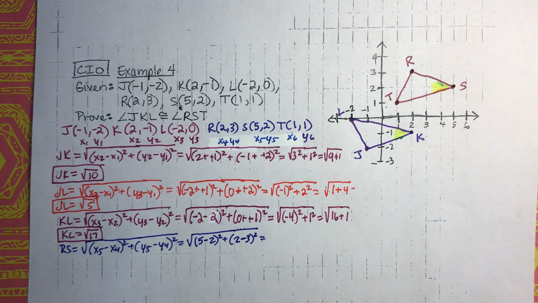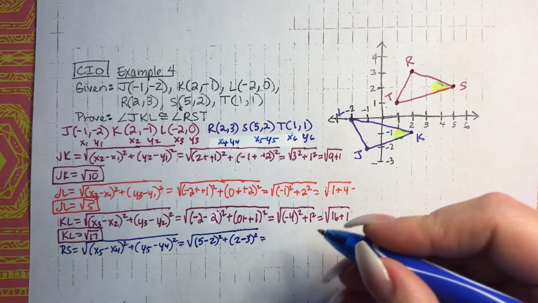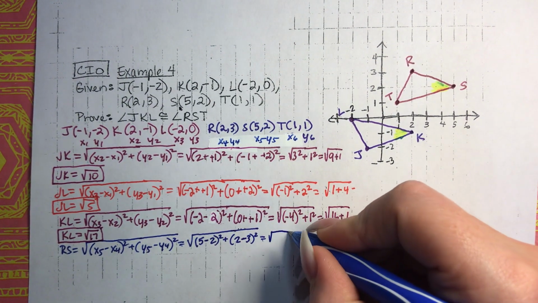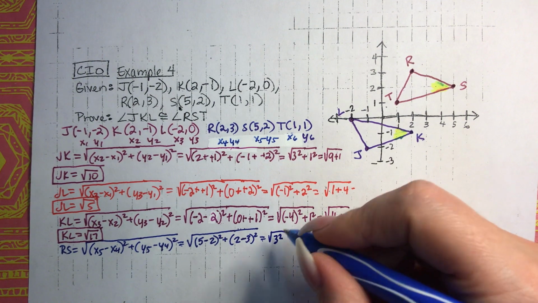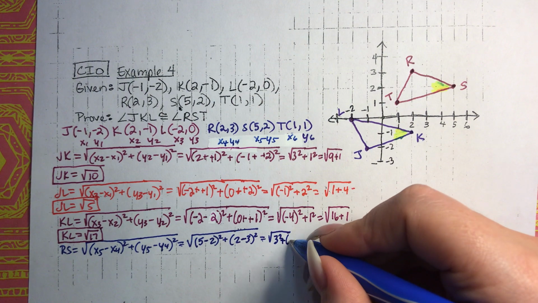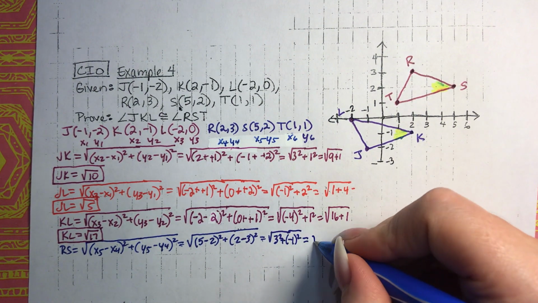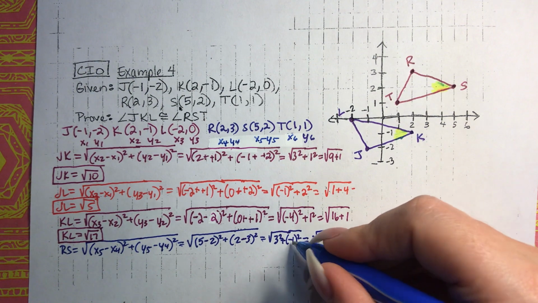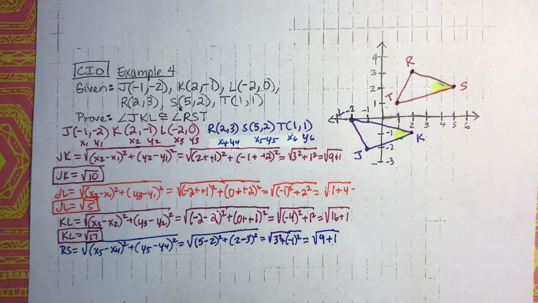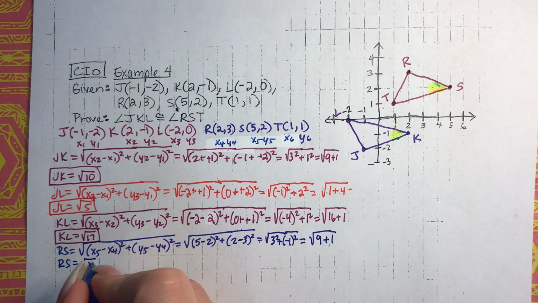Let me double check, make sure I did that right. 5 minus 2, 2 minus 3. Okay, that's good. Then simplify: 5 take away 2 is 3, so 3 squared, and 2 take away 3 is -1, plus -1 squared. 3 times 3 is 9, and a negative times a negative is a positive, 1 times 1 is 1. Ooh, square root of 10. Perfect. So RS equals the square root of 10.